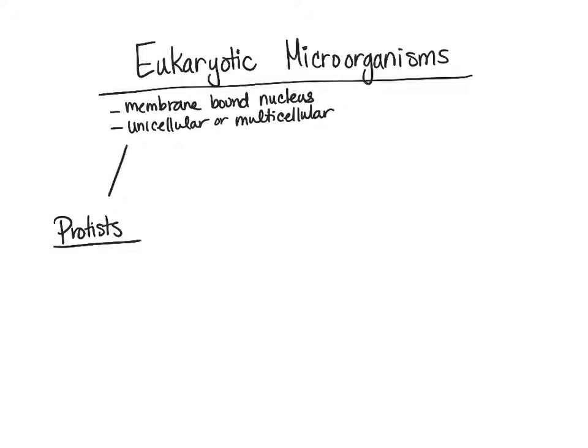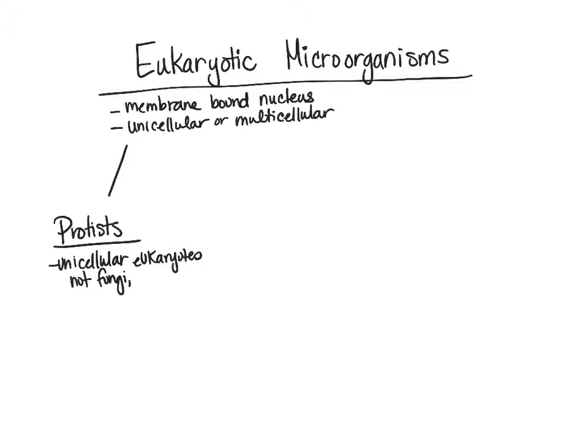So the protists, they are kind of a catch-all group. So our protists are unicellular, and they are unicellular eukaryotes. Eukaryotes, which of course they are because they're part of our eukaryotic microorganisms, but they are unicellular eukaryotes that are not in the other groups, basically.